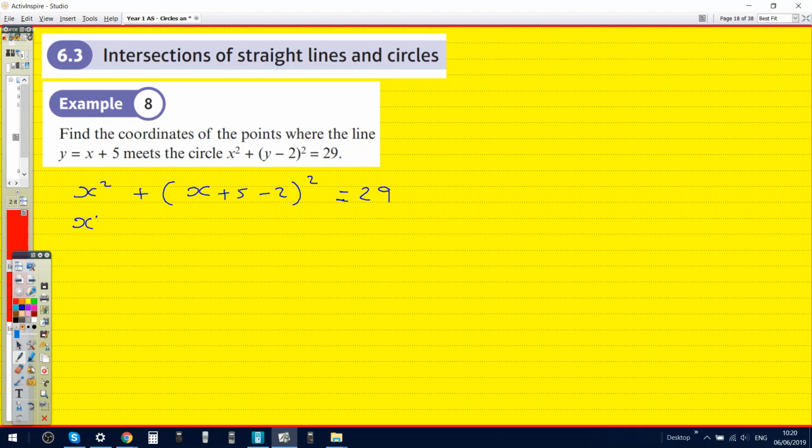I got it. So it's 2x squared, really. So 2x squared plus 6x plus 9 equals 29. That needs to find coordinates.